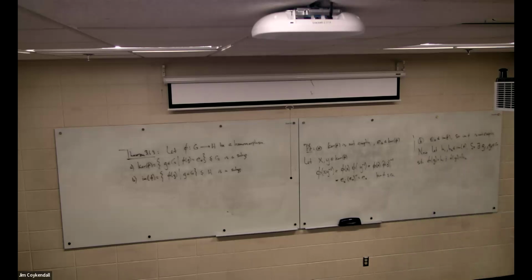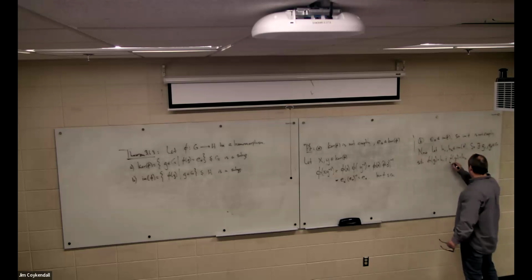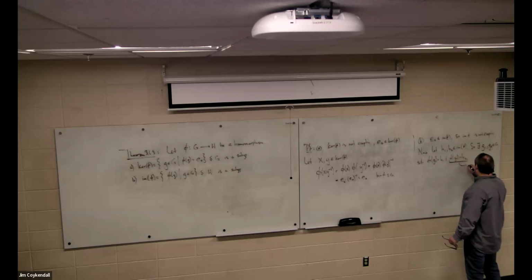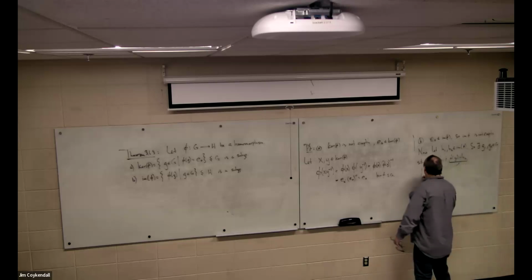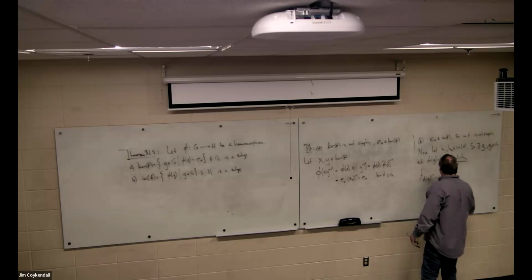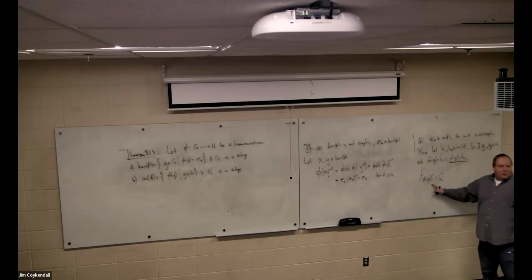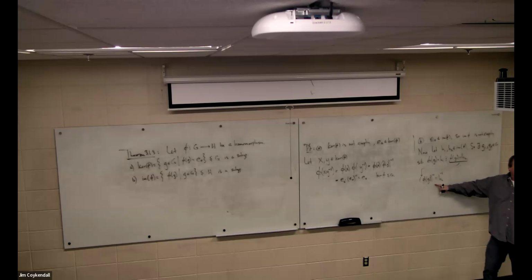That's just what it means to be in the image. And let me manipulate this one a little bit. I'm going to take the inverse of both sides. What's another way I can write this?